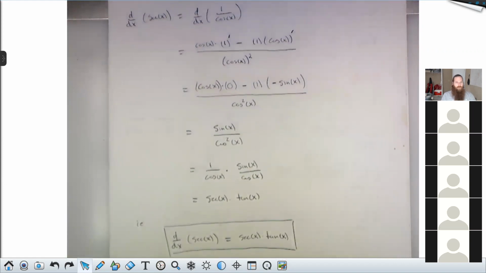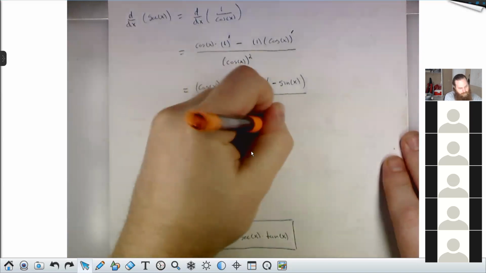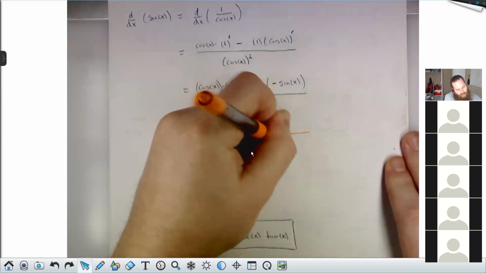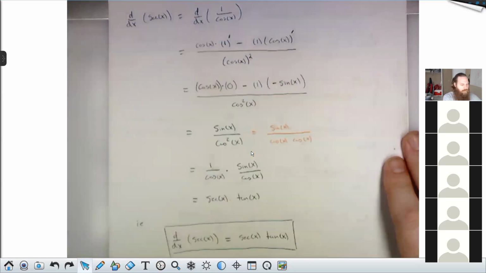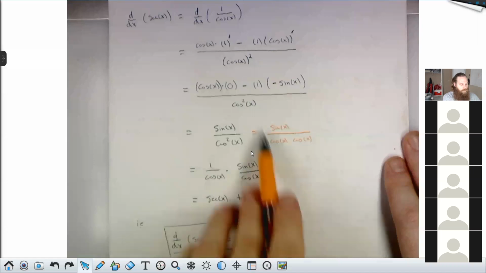So I had sine x over cos squared x. This is the same as sine x over cos x times cos x. So I can just split this up as sine over cosine and 1 over cosine.